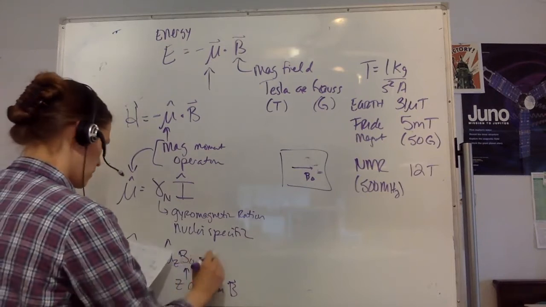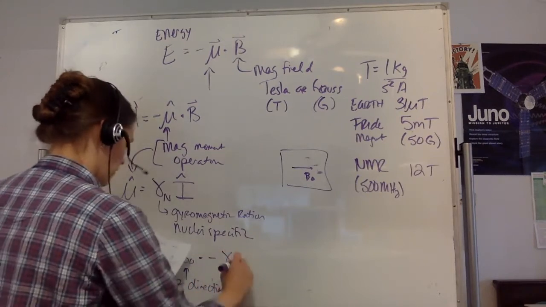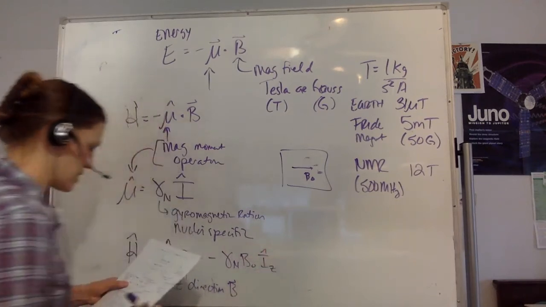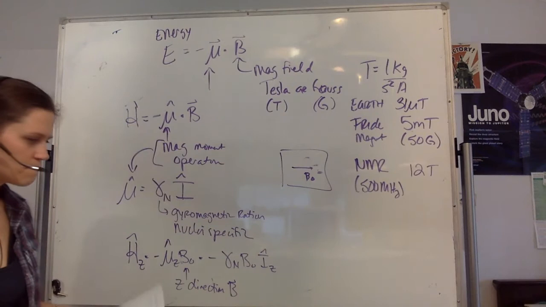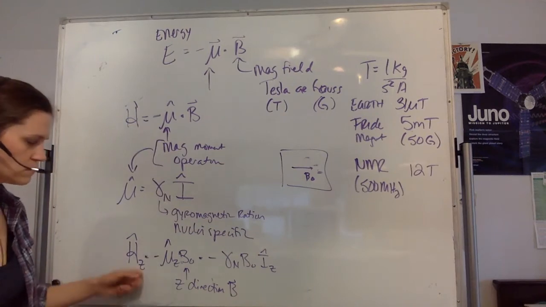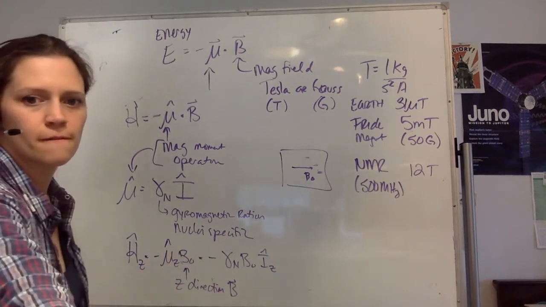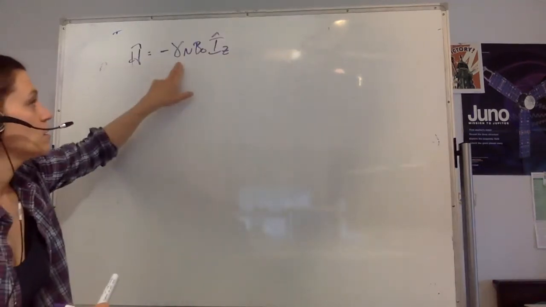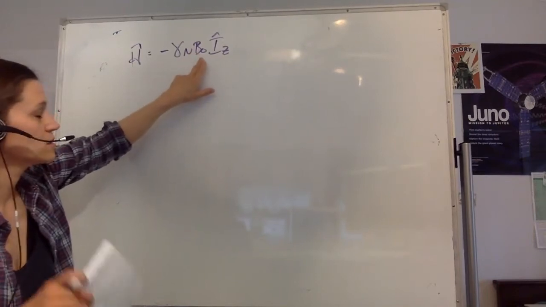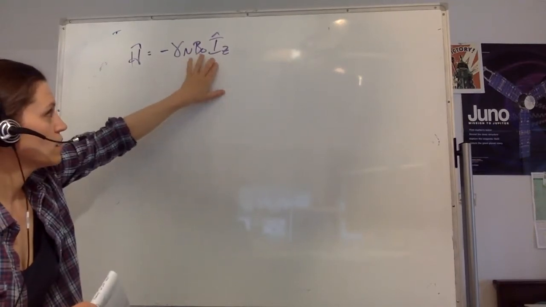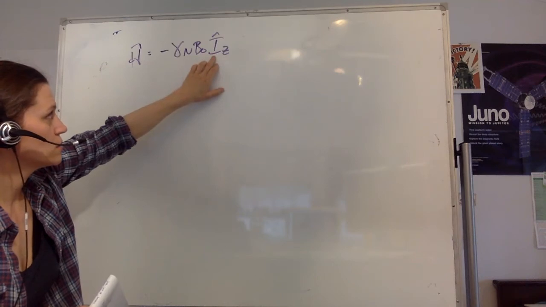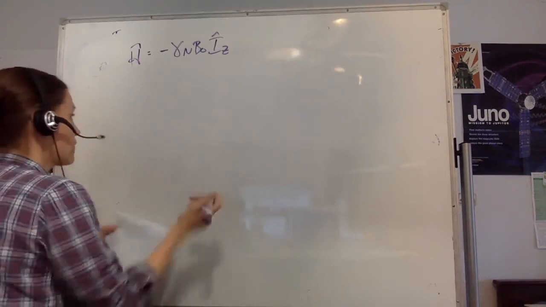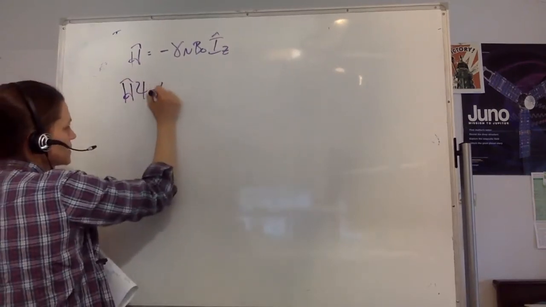And that's going to equal minus gyromagnetic ratio, B0, I operator in the z direction. So we have our total energy operator: gyromagnetic ratio, B0, the magnetic field, and the z component of the angular momentum operator.